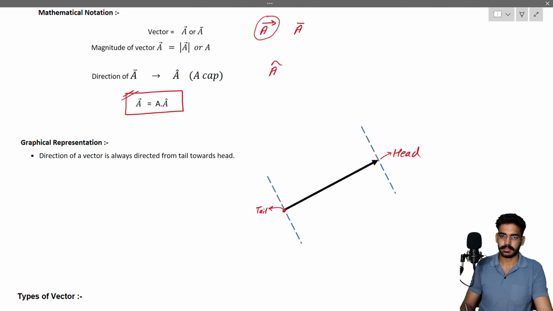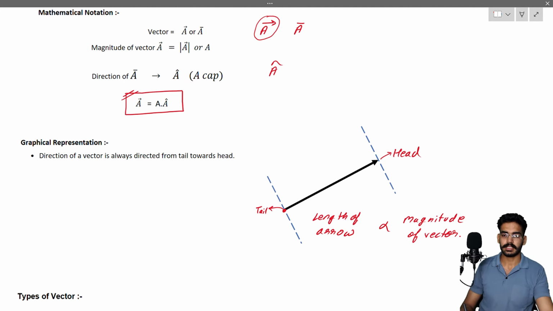And the length of the arrow is proportional to the magnitude of the vector. The higher your magnitude, the longer your vector will be, okay? Like if you denote a one magnitude vector like this, then for a two magnitude vector you will denote it with double the length. It's like this, okay? I hope you understood this.